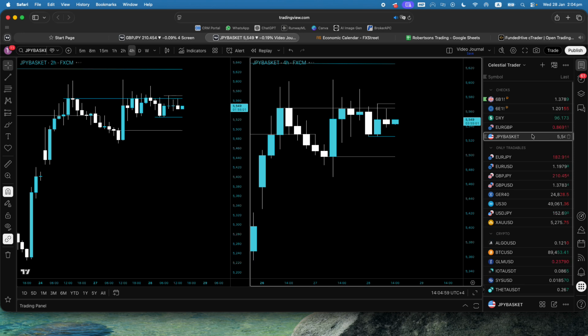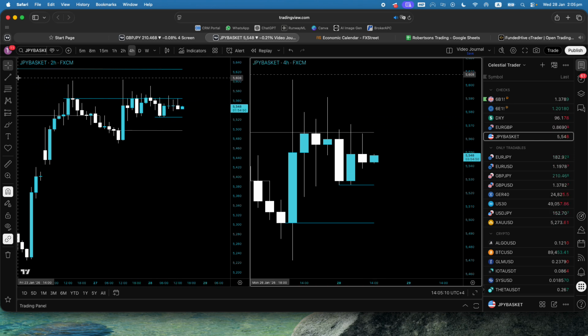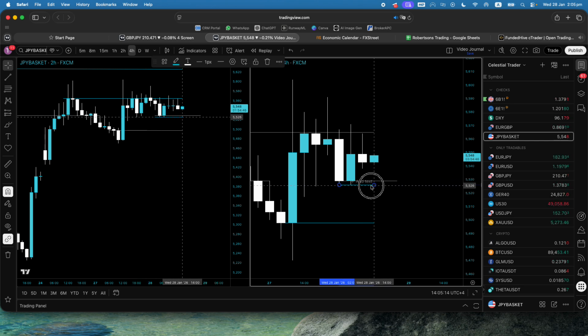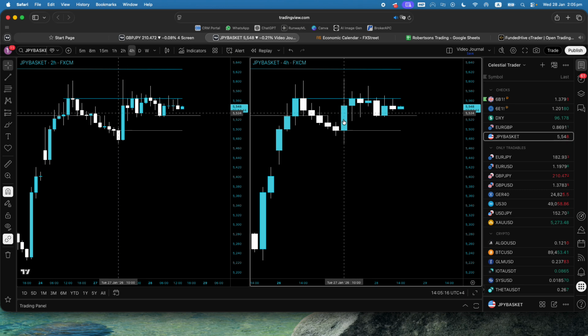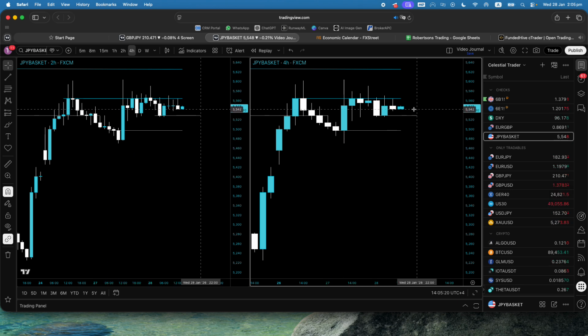So as we look into the JPY basket, first of all, we want to find that kind of support and reasoning that we are potentially continuing to push higher. We have created this support here. That support is a higher low than last time, and therefore we are hoping to see us push to the upside in towards these wicks here, which will help guide and push that next move.